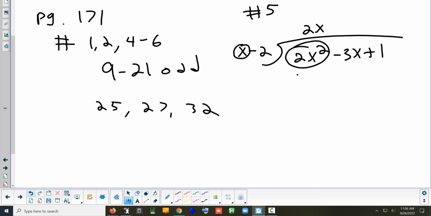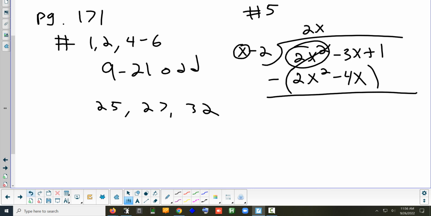What's 2x times x? 2x squared. What's 2x times negative 2? Negative 4x. Subtract. These are gone. What's 3x minus minus 4x? x. Bring down your next term. The degree here is a 1. Degree here is a 1. You got to go one more time.